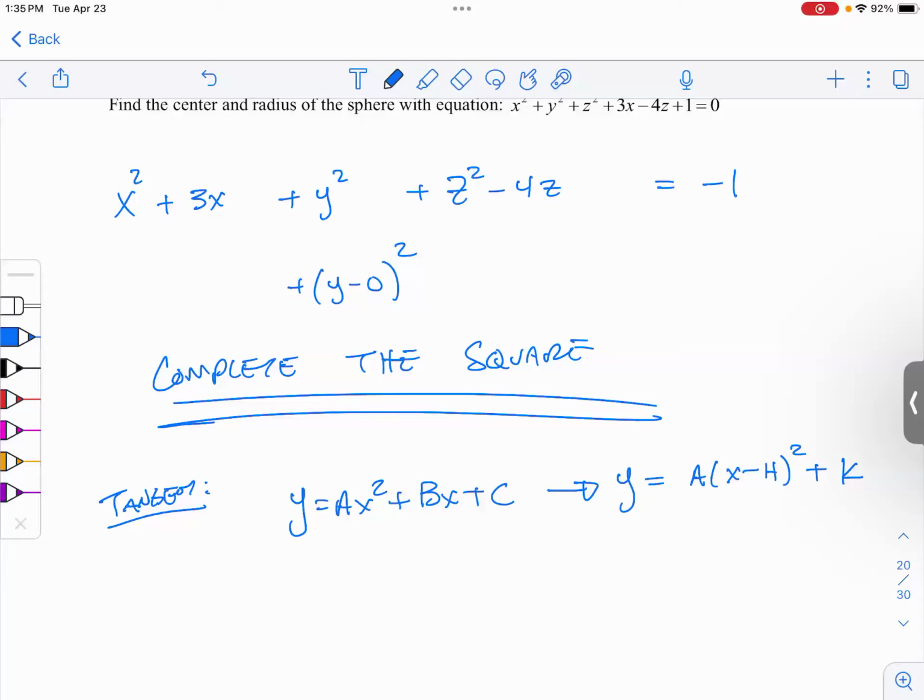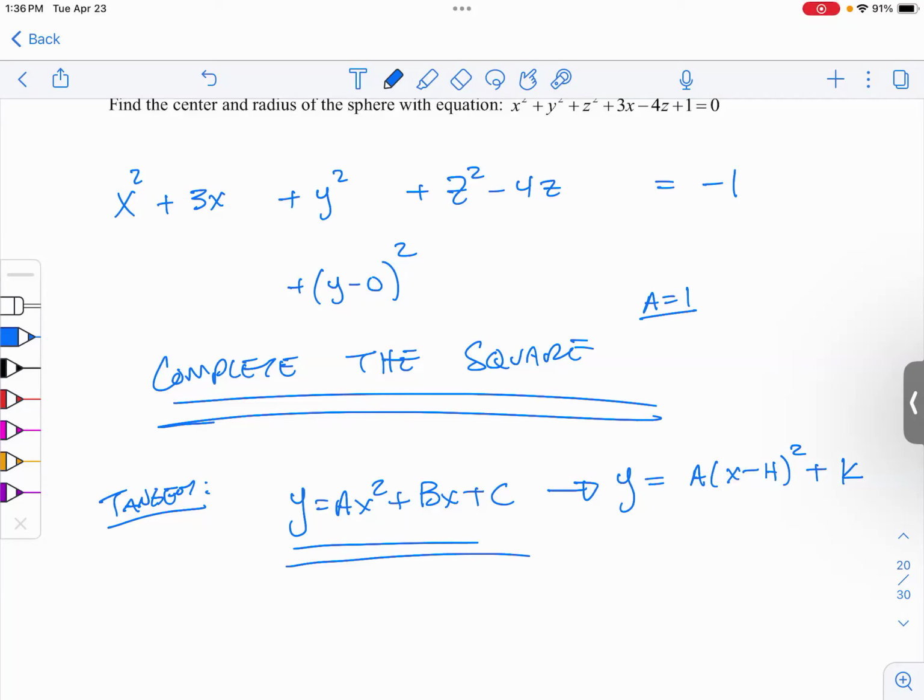In this case, we need to complete the square for the x's and for the y's, so we have to do them individually. Let's refresh on some of the things you have to do with completing the square. For a quadratic in standard form, in order to complete the square, the a term has to be 1. Good news for us, z squared, y squared, x squared, they're all already 1.